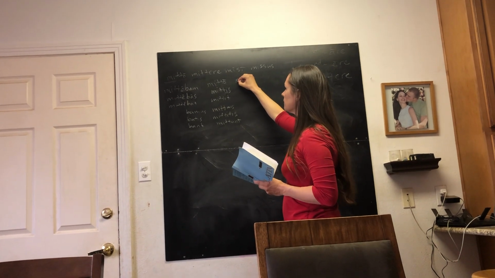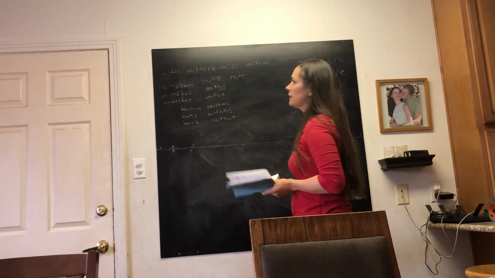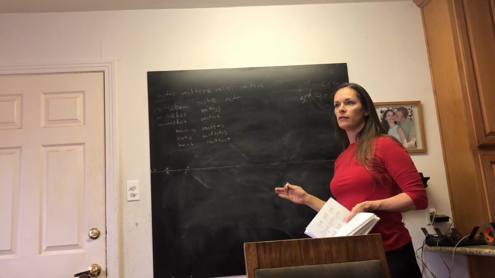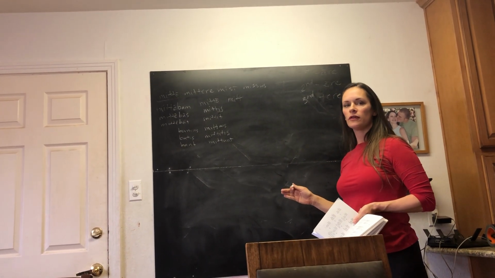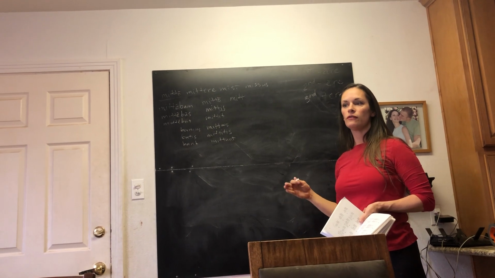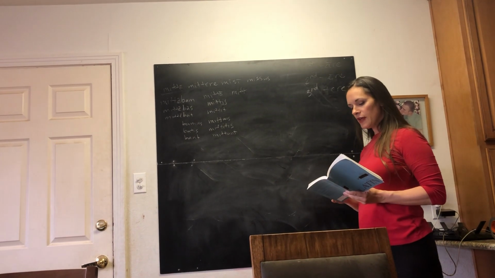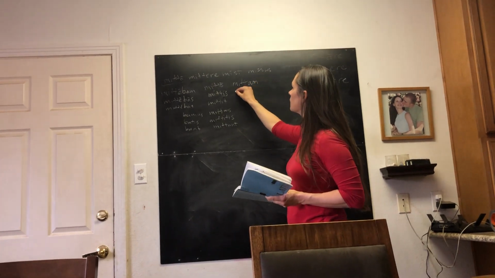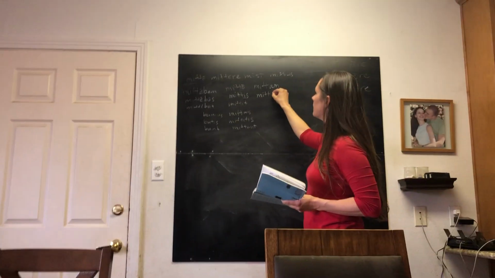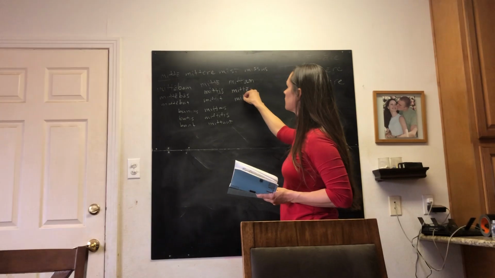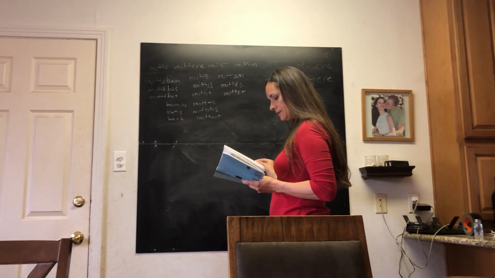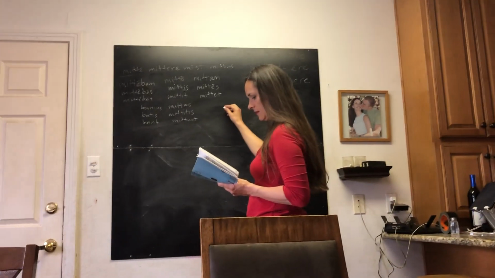Now the future, this is where it gets different. In the third and fourth conjugations, we don't use bo, bis, bit, bimus, bitis, bunt. The third and fourth conjugations have their own future endings. And they are mittam, mittes, mittet, mittemus, mittetis, mittent.